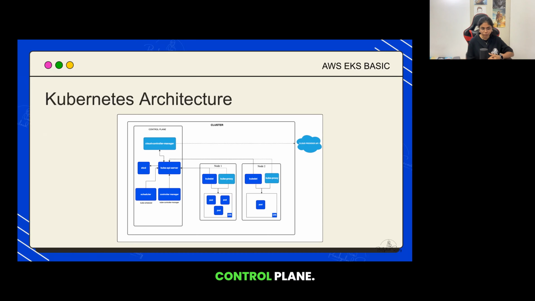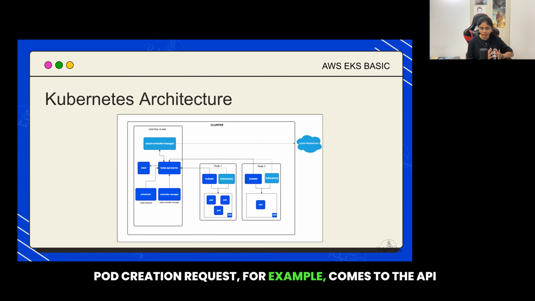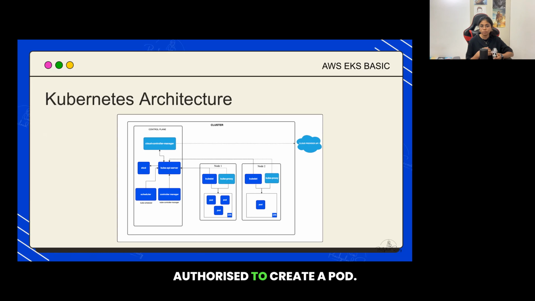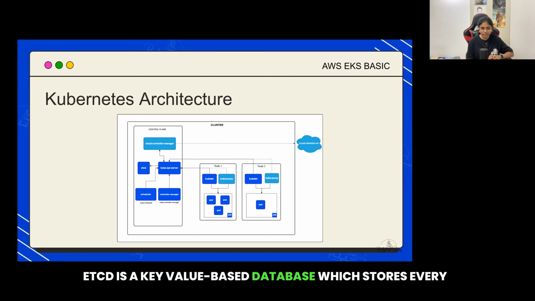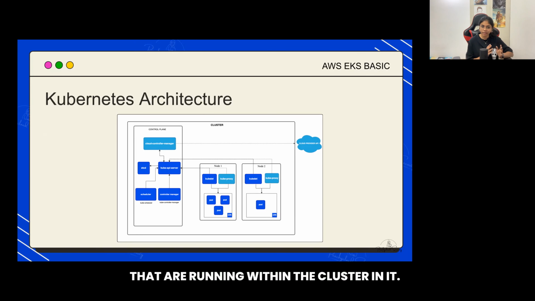So when a pod creation request, for example, comes to the API server, it authenticates and authorizes that request, checking whether the user is authenticated and authorized to create a pod. Then it stores that specification in etcd. Etcd is a key-value database which stores all the object information that is running within the cluster.